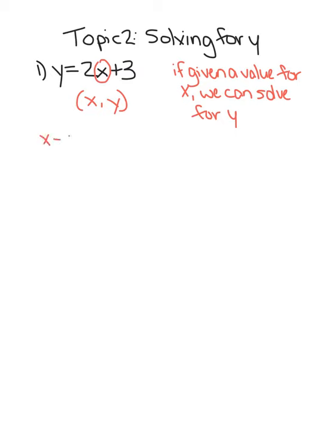So I'm going to write this here. The x coordinate is the independent value.